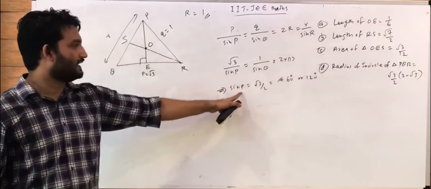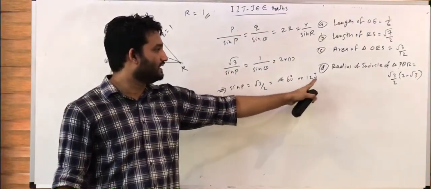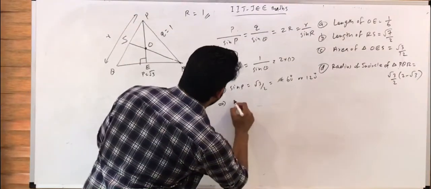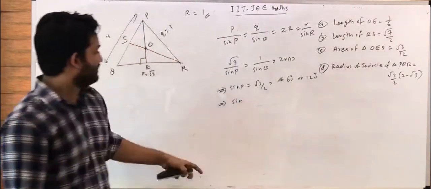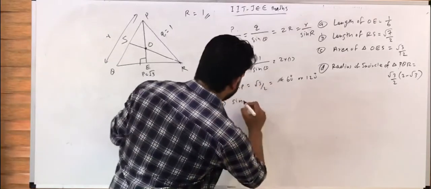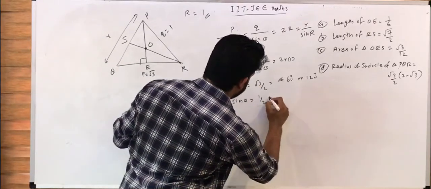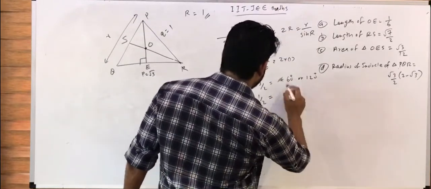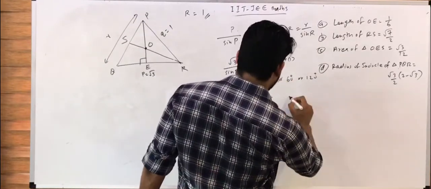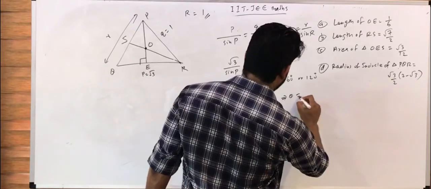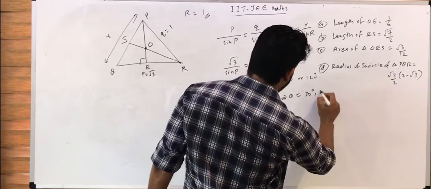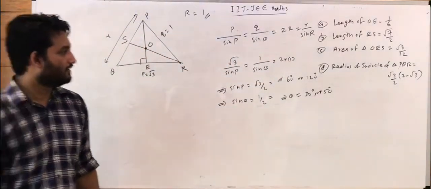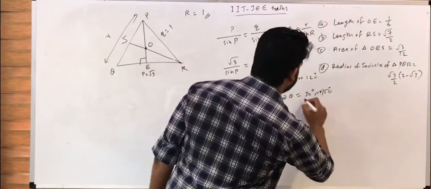So p can take two values, 60 degrees or 120 degrees. Similarly, sine q is equal to 1 by 2, so angle q must be 30 degrees or 150 degrees.